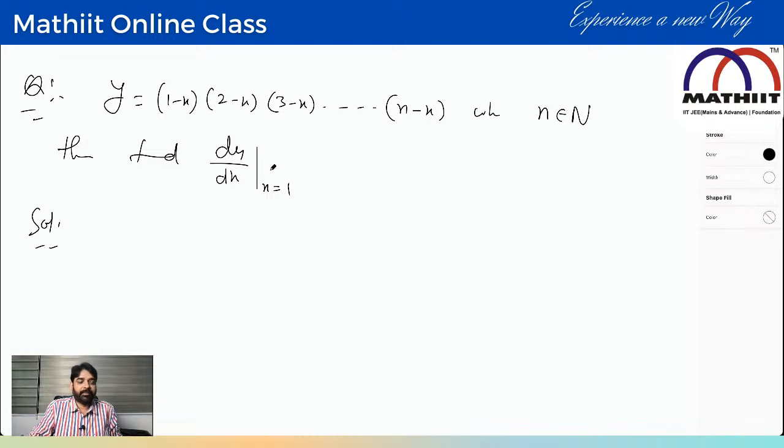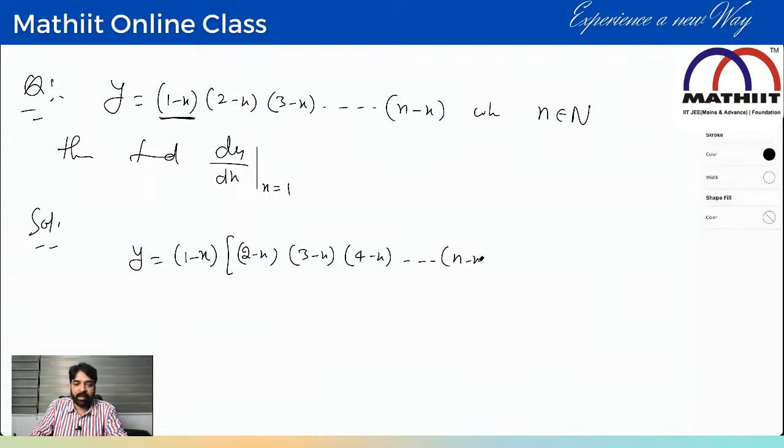Look at this. At x equal to 1, one factor is going to be 0. So I can write this question like this: 1 minus x into the rest, 2 minus x, 3 minus x, 4 minus x, and so on, n minus x. Now I'll find dy by dx. The rule is the same.